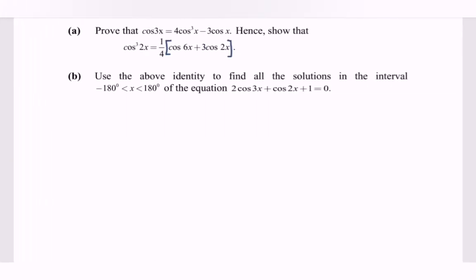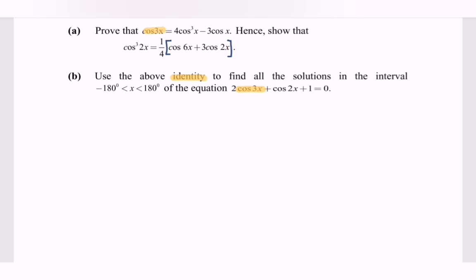For part B, use the above identity to find all the solutions in the interval negative 180 degrees until 180 degrees of the equation 2 cos 3x plus cos 2x plus 1. So here we have cos 3x.